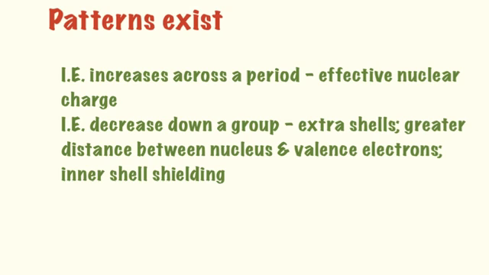So that makes them easier to remove. So it requires less energy to remove them, and our ionisation energy decreases. I hope that's clearer. More about ions and other things later.